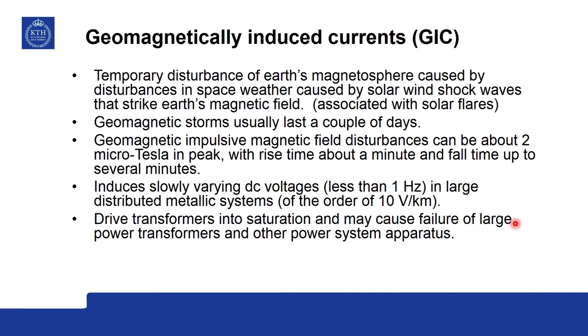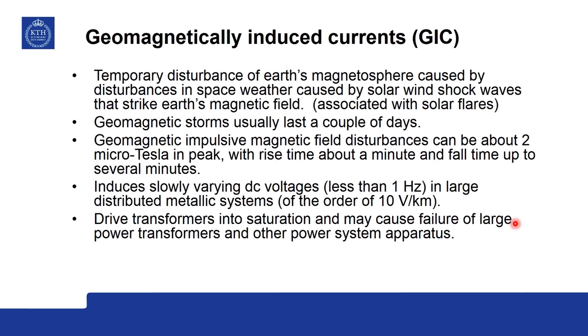So, we also have geomagnetically induced currents. You have solar flares, which are part of the solar weather system. When solar flares come, charged particles get ejected into Earth's magnetosphere, and this causes disturbance in the Earth's magnetic field, and it can last several days.